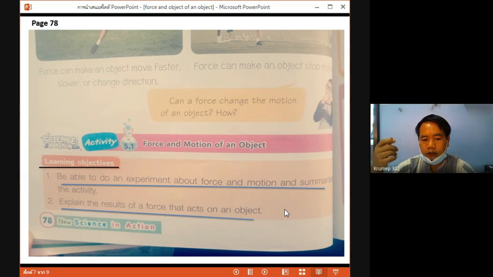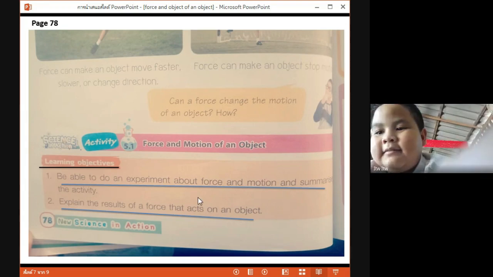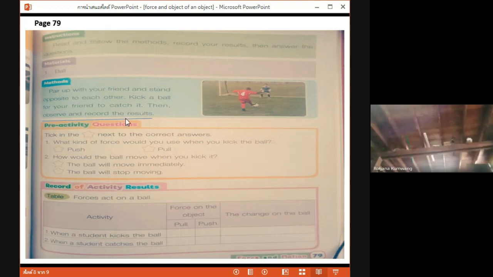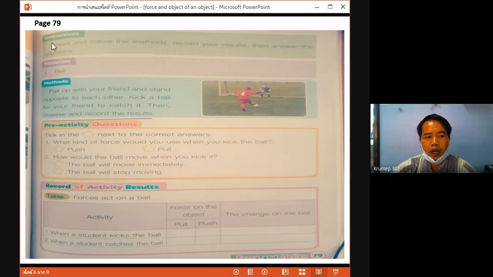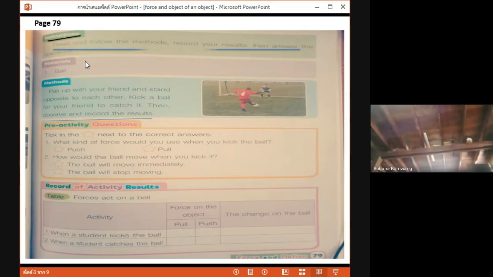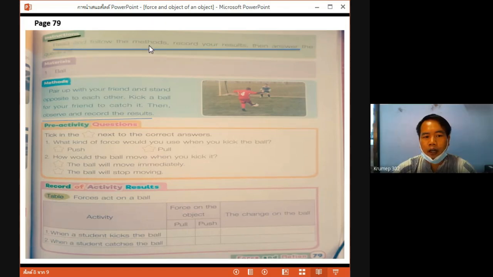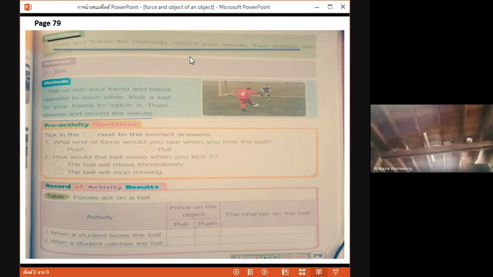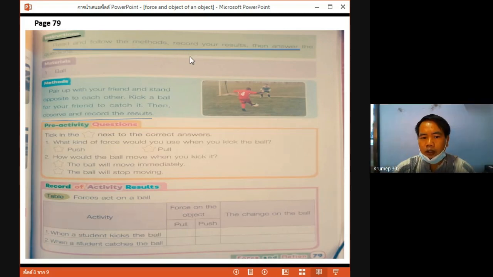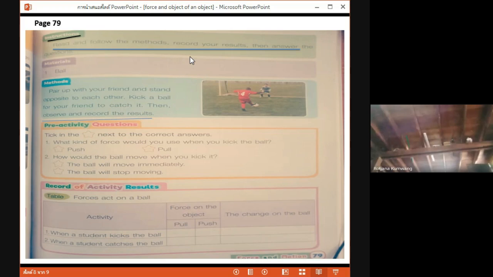Okay. Page 79, instruction of this activity. You are going to read and follow the methods. Then record the result. Then answer the question.